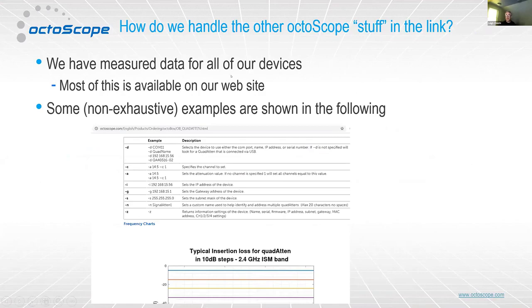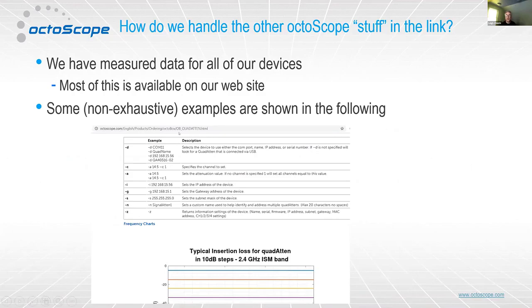Then there are these other things in the link budget when we put it all together. I'll talk about that in a little bit, what those things are, what the other stuff is. But the point that I want to make here is that we have measured all of those. And most of this information is just available directly on our website. I've got one example here.